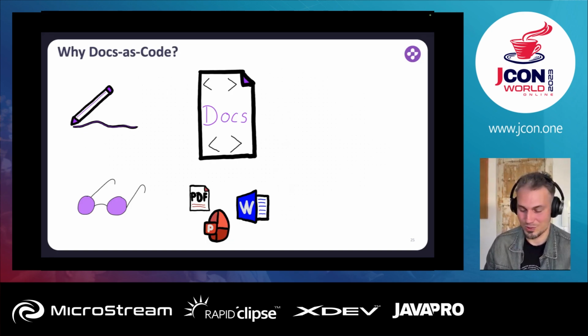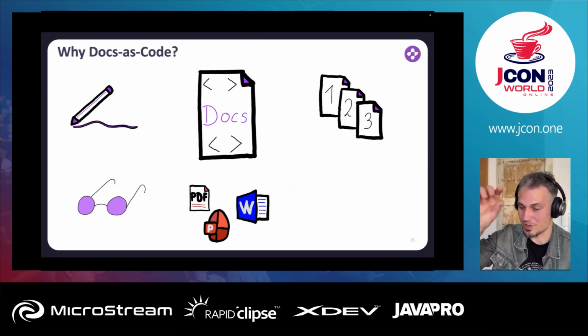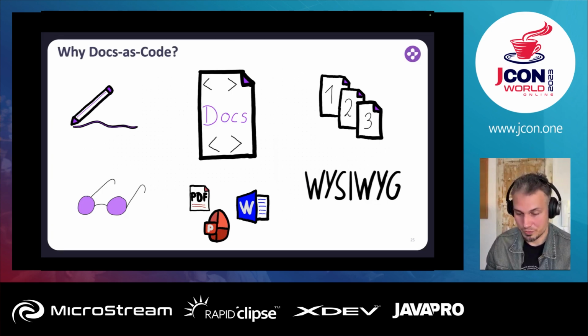And if you have the docs as code, you can generate every format out of it with specific parsers. Versioning becomes very easy. You see a lot of documentation has different versions. OpenShift is a good example for me. You say, okay, I have OpenShift 2, 3, and 4, and I can select a specific version where the documentation may be different for specific features.